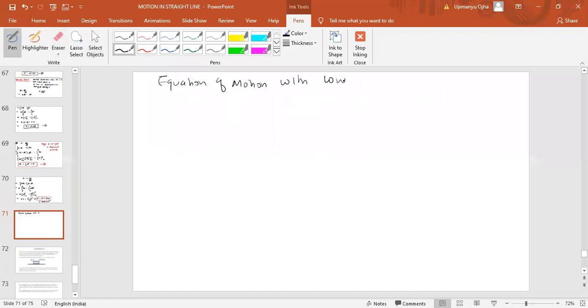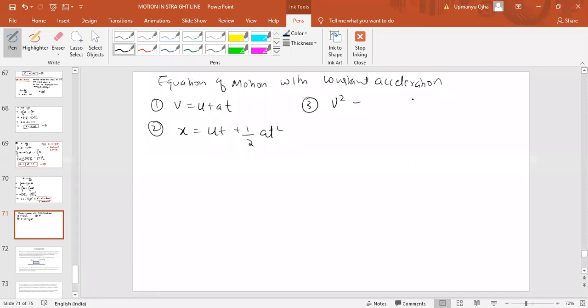If acceleration is constant, these are the three equations of motion. One is v equal to u plus at. Second is x equal to ut plus half at square. And third is v square minus u square equal to 2ax. So these are the three equations of motion.